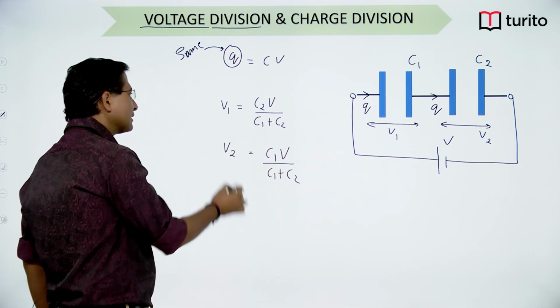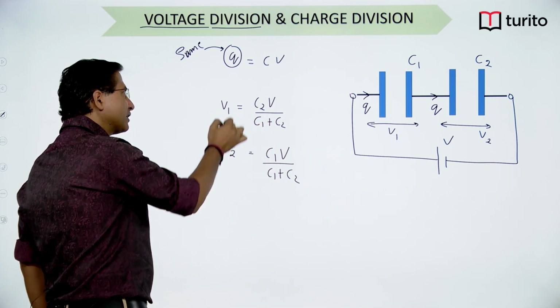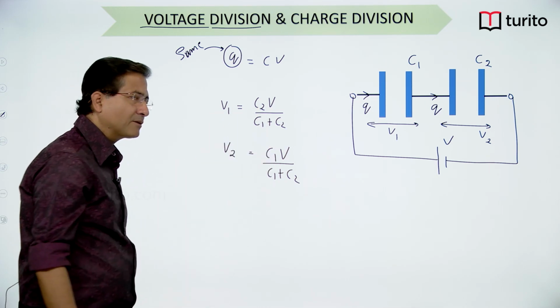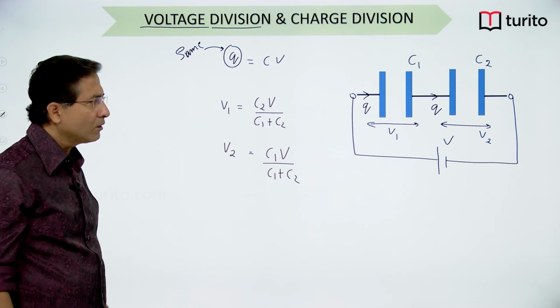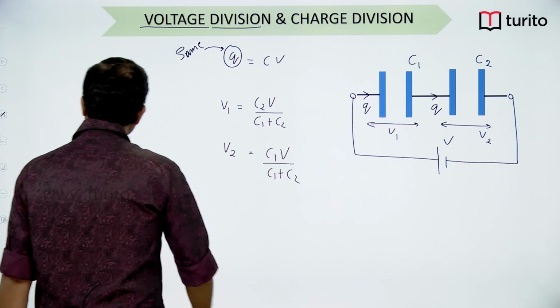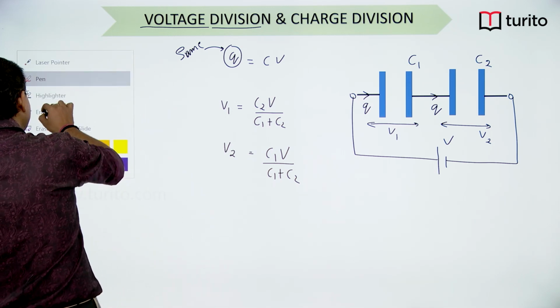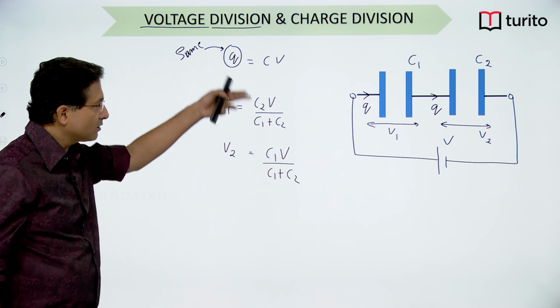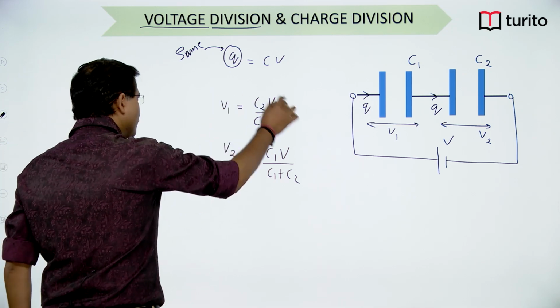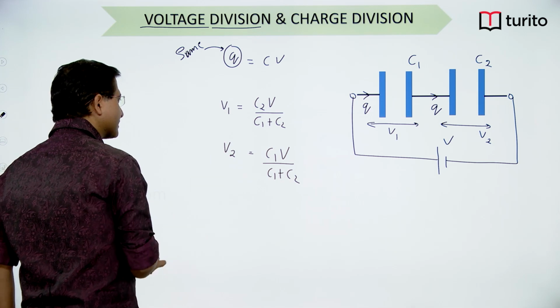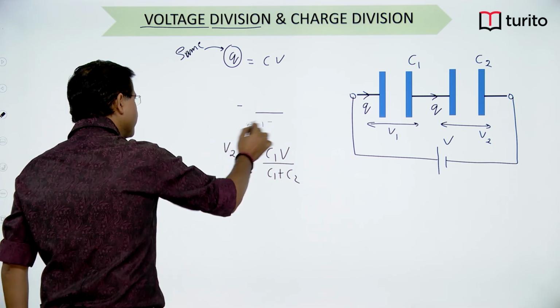You can see that voltage drop is inversely proportional to capacitance. By simple logic I can tell, or those who are not understanding the logic can apply Kirchhoff's law, right. This logic I think is clear. Now I am applying Kirchhoff's law to prove that what I wrote here is correct, right.